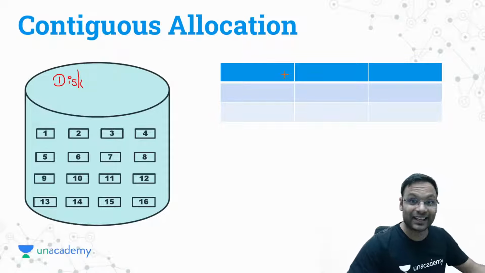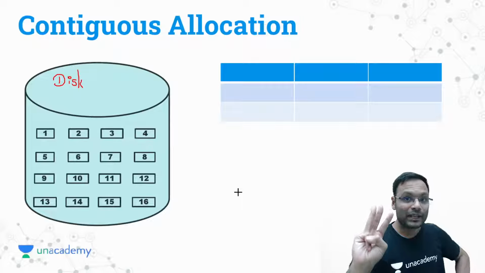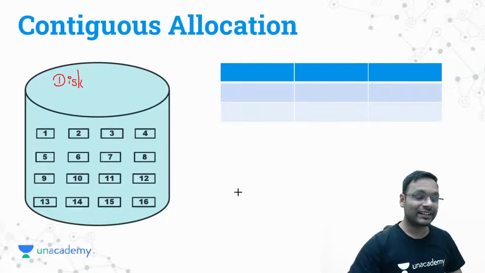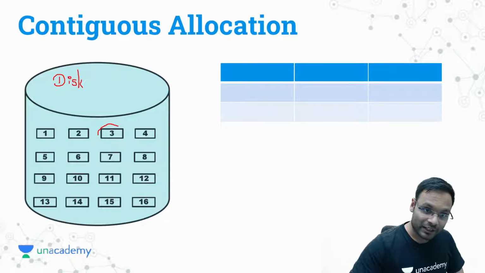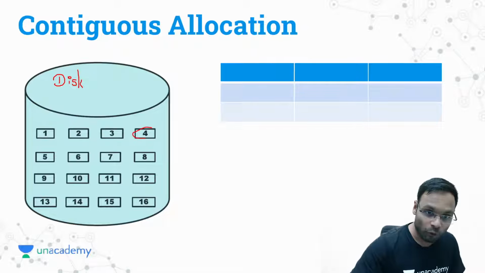Let's say there is a file that needs 3 blocks, and the operating system decided that it has 3 blocks consecutively starting from, let's say, block 4.